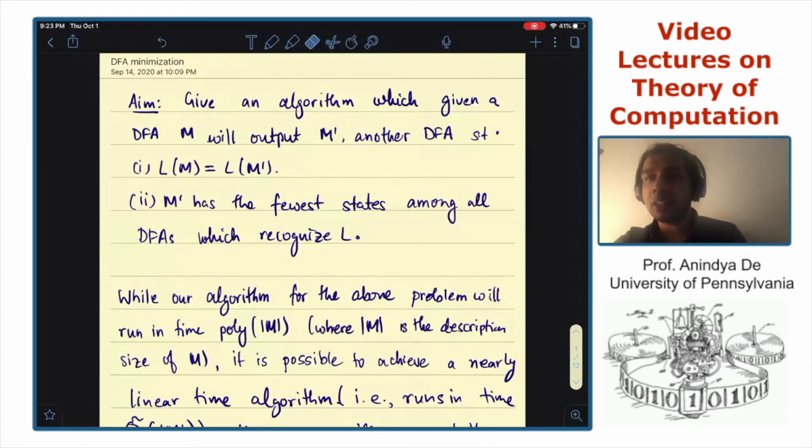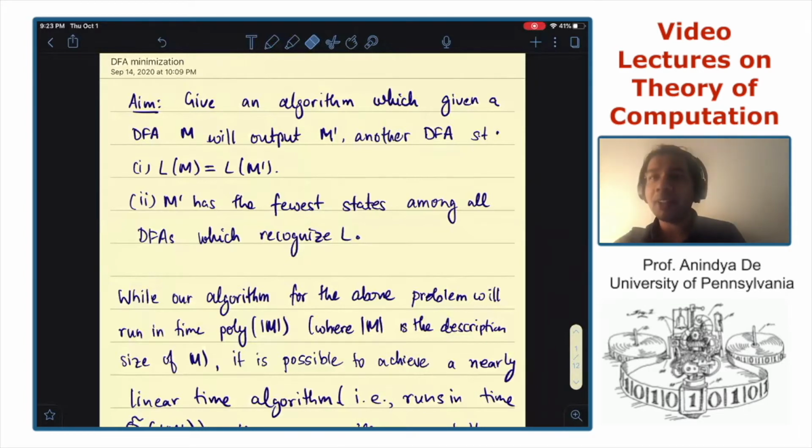Anyway, that was just a recap of what we discussed last time. So the aim of this lecture is to prove the following theorem. In particular, we will give an algorithm which, when given a DFA M, will output another DFA M prime, whose language will be the same as that of M. And further, among all the DFAs whose language is L, M prime will have the fewest states.